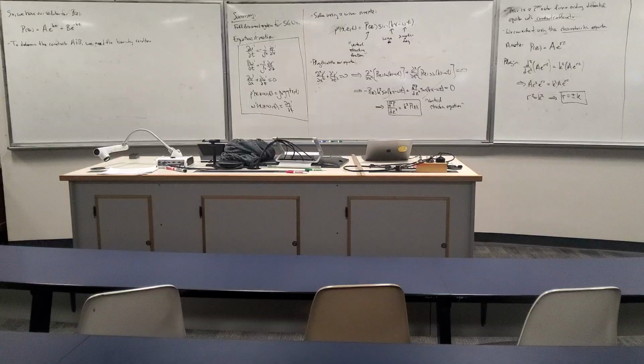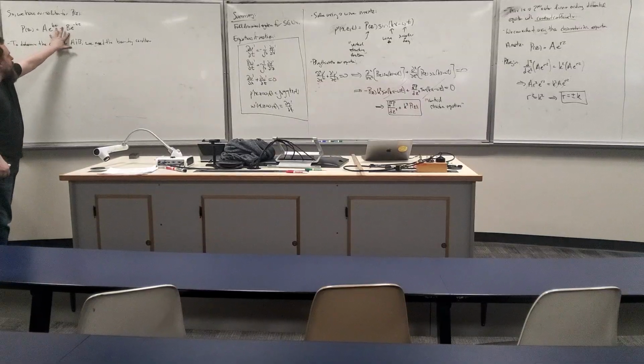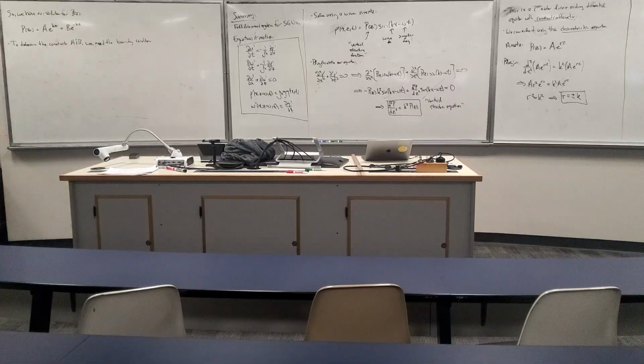Like you either use the initial conditions to set the constants or you use the boundary conditions. In this case, we use the boundary conditions. And it turns out that one of these terms we can actually throw away right away, because we have an infinitely deep ocean, and we expect that as we go far away from the surface, as we go deeper and deeper and deeper, the wave should die out.